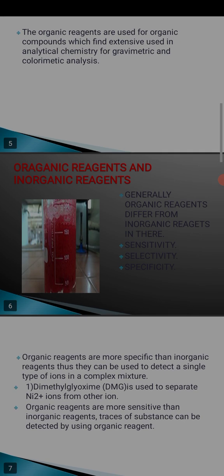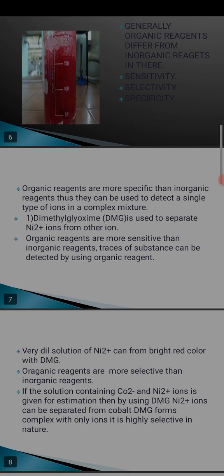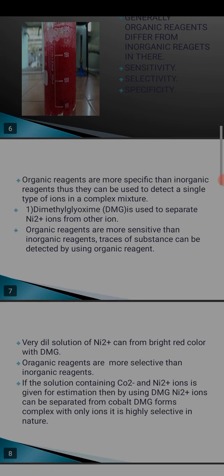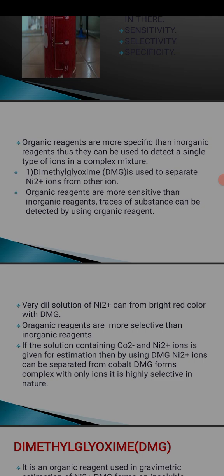Organic reagents and inorganic reagents: generally, organic reagents are different from inorganic reagents. Organic reagents are more specific than inorganic reagents. Thus, they can be used to detect a single type of ion in a complex mixture.